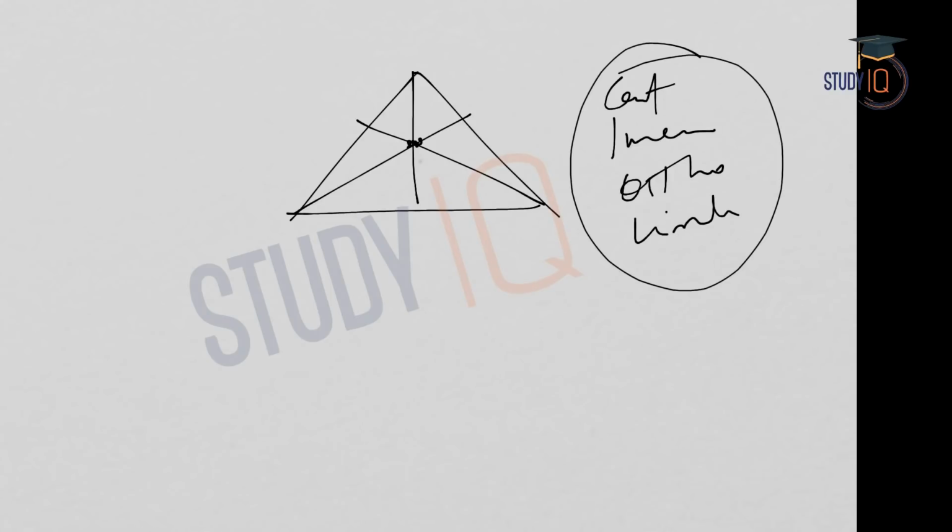So the centroid, the incenter, the orthocenter, and circumcenter, all the four, will coincide, not the excenter, which will always be outside. So in case of an equilateral triangle, all are the same.